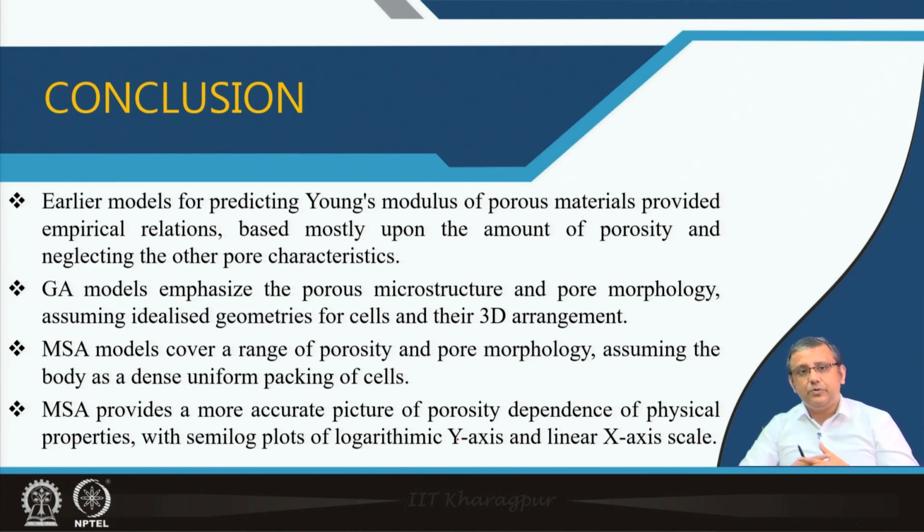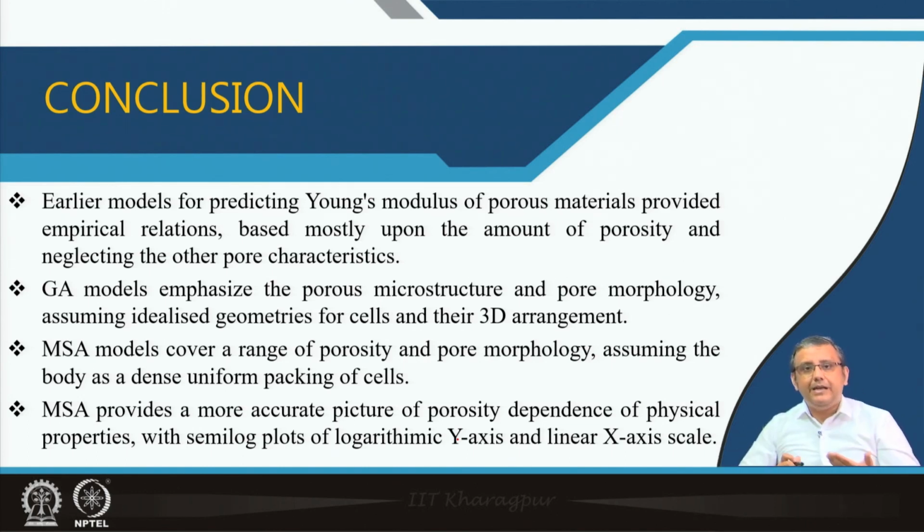But these models were not satisfactory, because they are unable to predict the real dependence of the property on porosity, and they also predict that the property will become 0 only at 100% porosity, while in real materials it is observed that the properties become 0 already at an intermediate value of around 0.6 to 0.7.